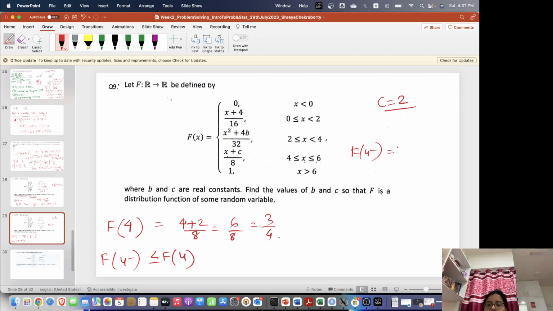It will be 4 square plus 4b by 32, that is 16 plus 4b by 32. We take 4 common, then 4 plus b by 8.